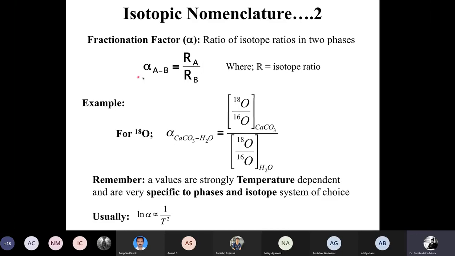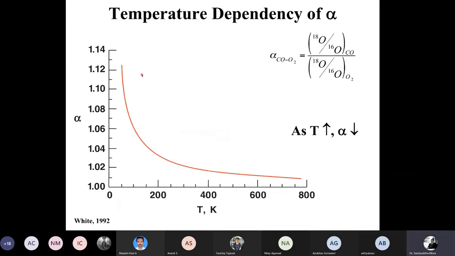The fractionation factor, very simply, is defined as the ratio in phase A of a particular pair of isotopes to the ratio in phase B. For example, for 18O in the calcium carbonate water system, the alpha value of calcium carbonate water is the 18O to 16O in calcium carbonate over 18O to 16O in water. And please remember, these fractionation factors are a strong function of temperature. We're going to cover that later.